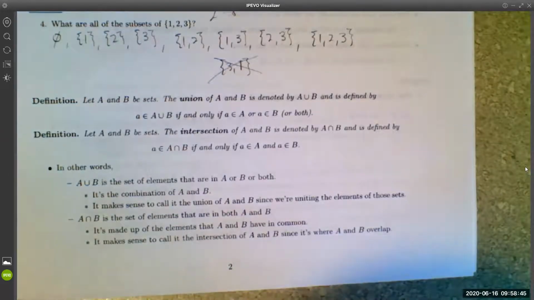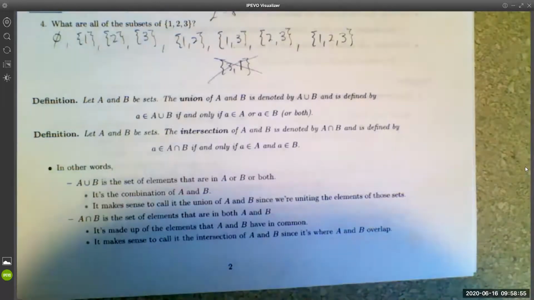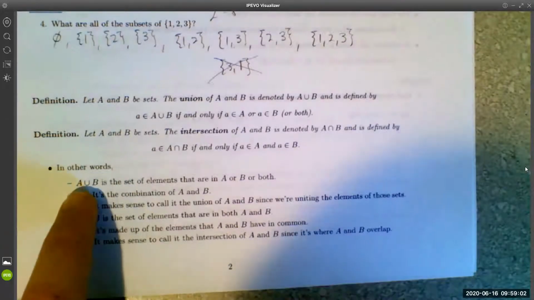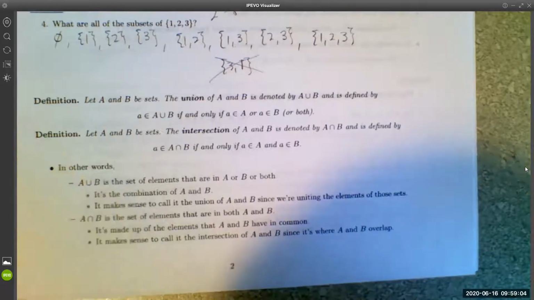We're putting them all together. It's sort of like when two people are joined in the holy union of matrimony, right? All of their earthly belongings are held in common from that point forward, right? Unless they have some kind of prenup, I guess. But anyway, union, right? You're putting everything together into one set.